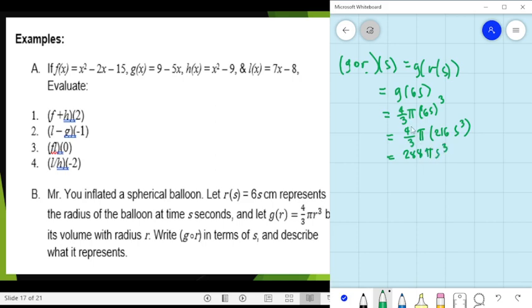So multiply 4 times 216 divided by 3, and the answer is 288 pi s cubed. So this will be the G circle R of s.